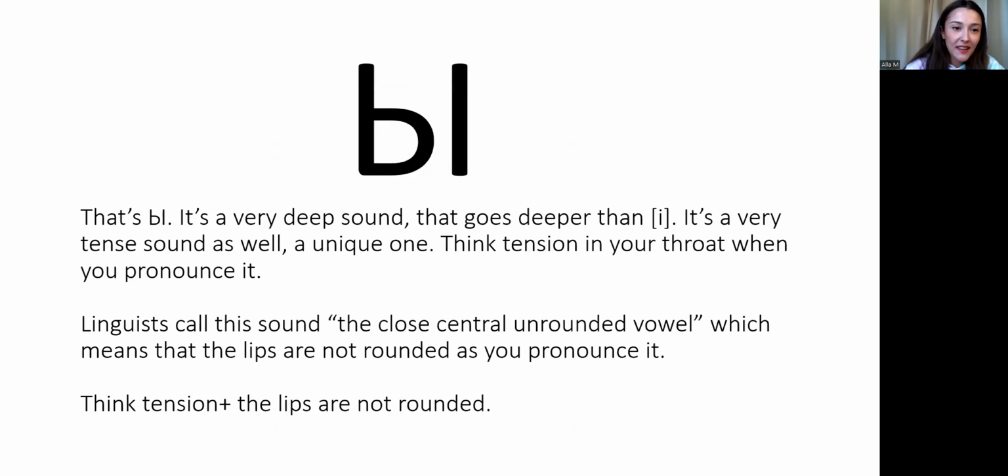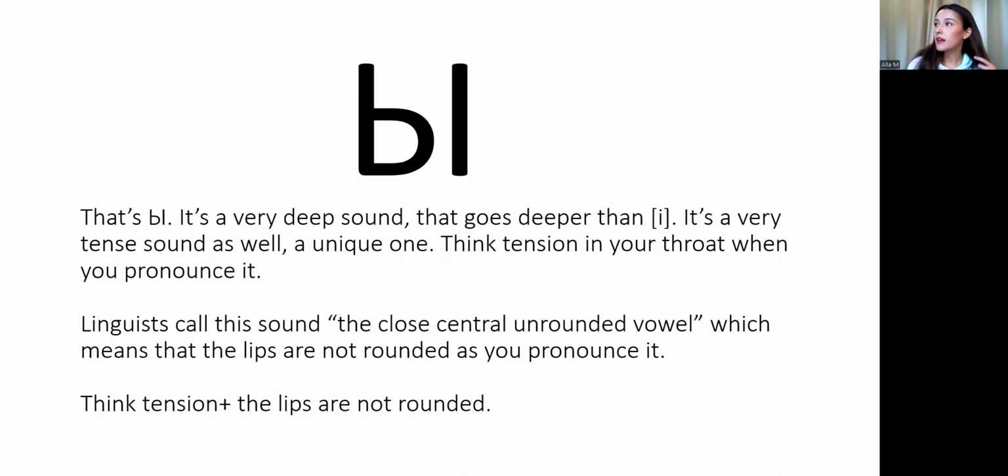Ui. That's ui. It's a very deep sound that goes deeper than e. It's a very tense sound as well, a unique one. So think tension in your throat when you pronounce it. Linguists call this sound the close central unrounded vowel, which means that the lips are not rounded as you pronounce it, right?